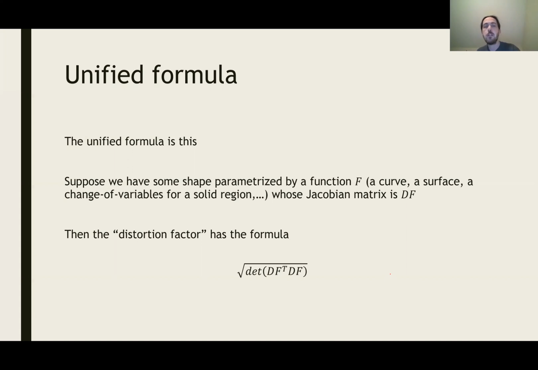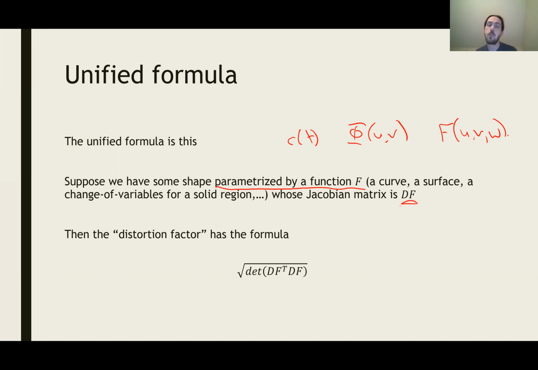So suppose we have a shape and it's parameterized by some function capital F. So capital F could be a curve depending on time, or it could be a function of phi depending on a surface, or it could be some kind of three variable change of variables type description. We write down its Jacobian matrix, df.